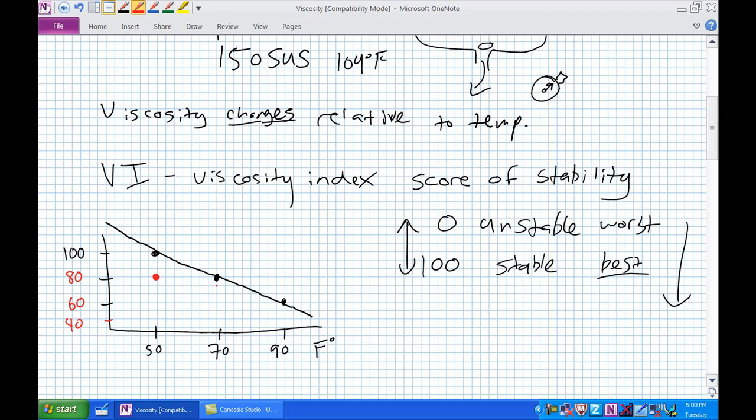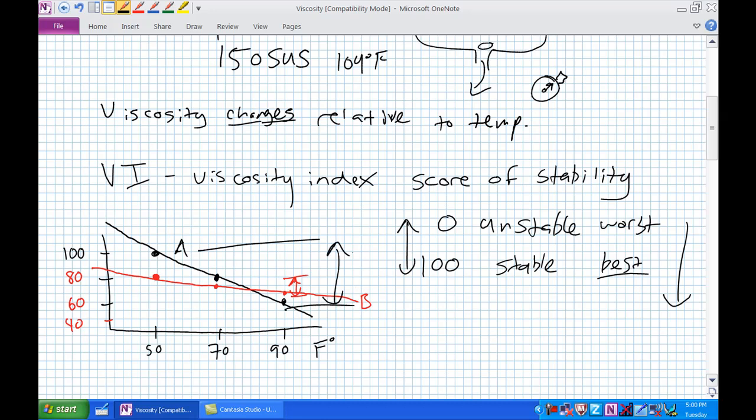And its viscosity changes very little as a function of temperature. Get it? Basically, I'm increasing the temperature of substance B versus substance A. I'm still increasing the temperature of substance B, but look at the range of its viscosity. It's a far more stable substance than A.